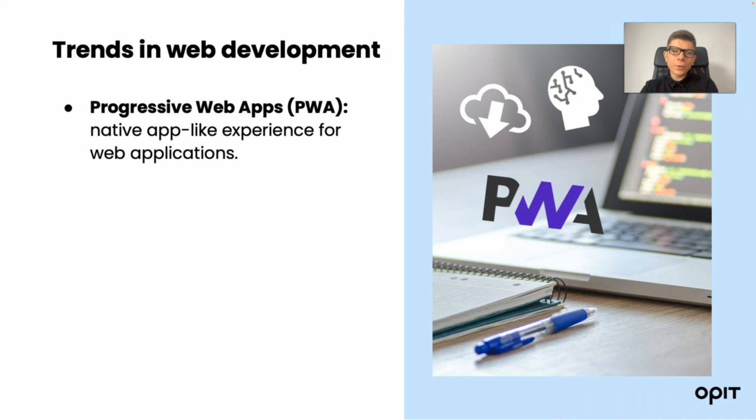The first one is called progressive web apps, and here we are talking about a native app-like experience for web applications. Progressive web apps are not a separate technology in themselves. This is rather an approach to producing web applications in a way that would allow users to interact with them as if they were using apps on their mobile devices.